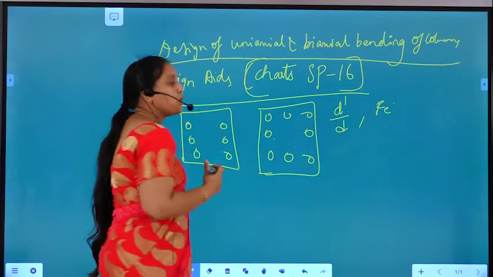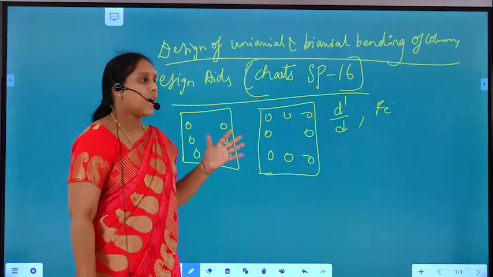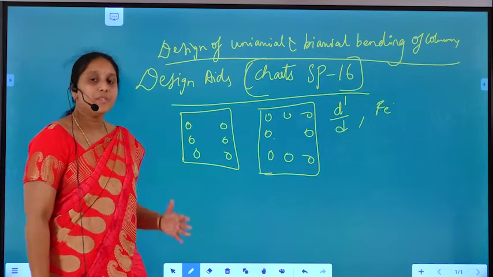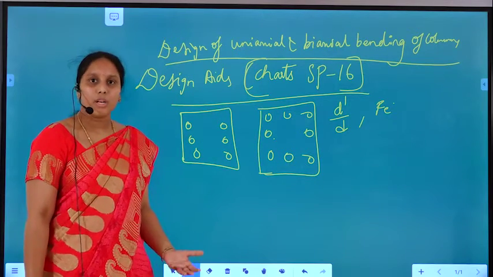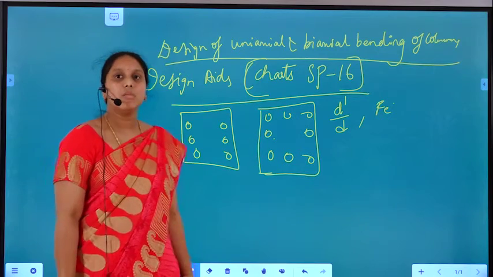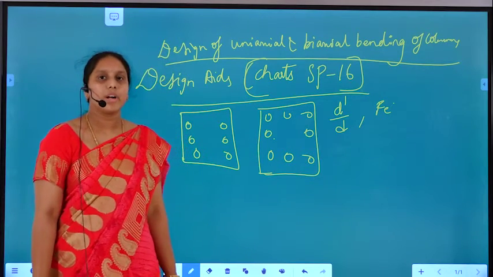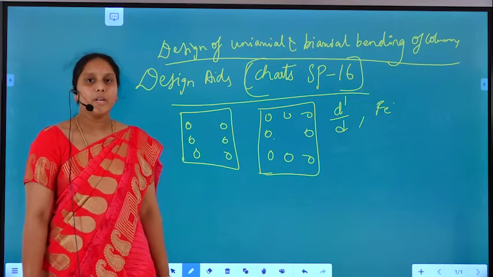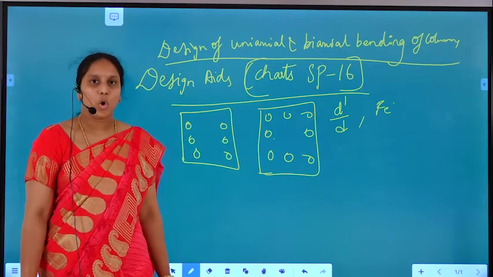So based on all these we have charts, and from those charts the design has to be done, which we will discuss while solving the problems. So these are the codal recommendations we have to follow for the design of columns.